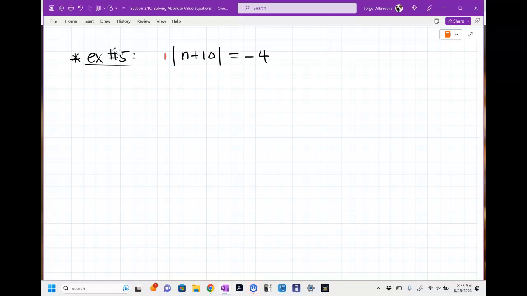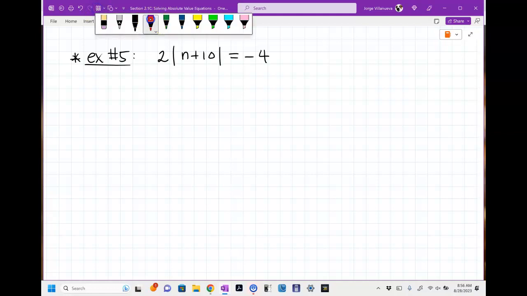So you have to look at what's happening with the number, and this number right here is multiplying. We cannot distribute. Remember, no distribution in absolute values. That's not legal. Don't do that. Okay, you're not gonna get arrested, but mathematically it's not sound. So we are gonna divide both sides by 2.